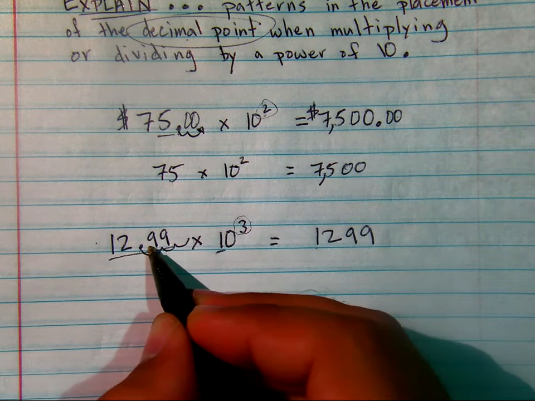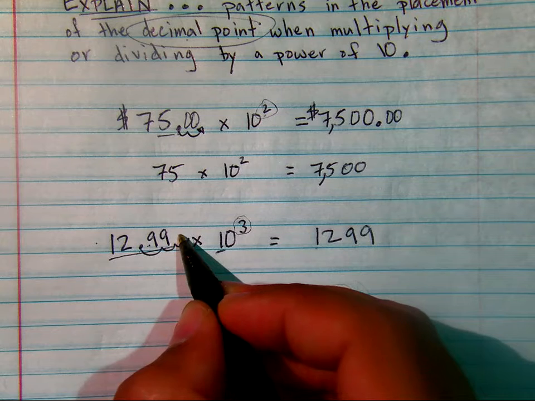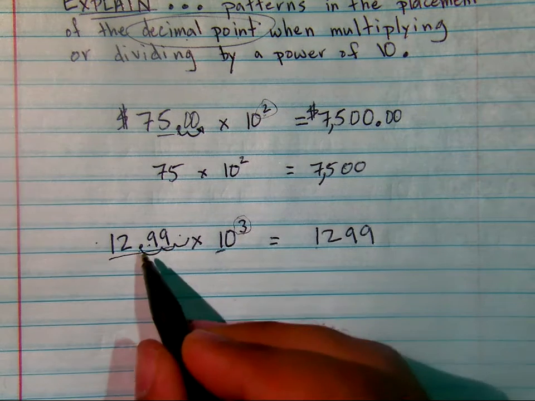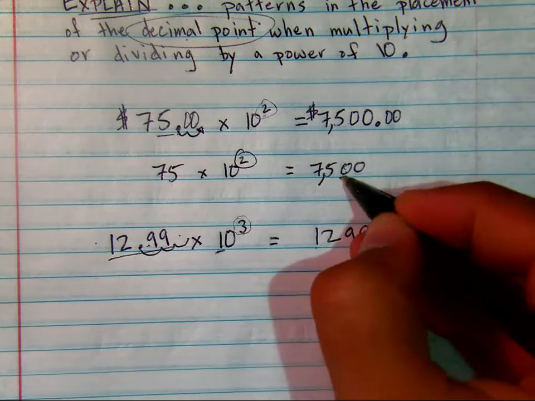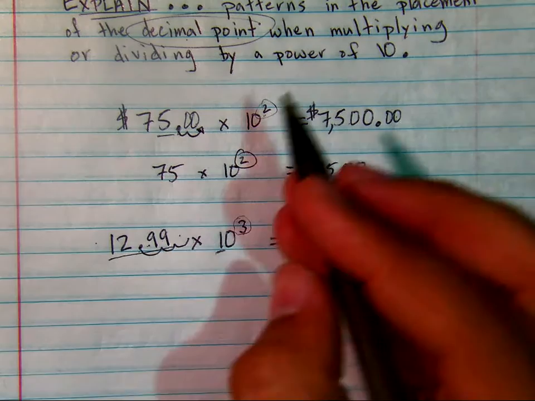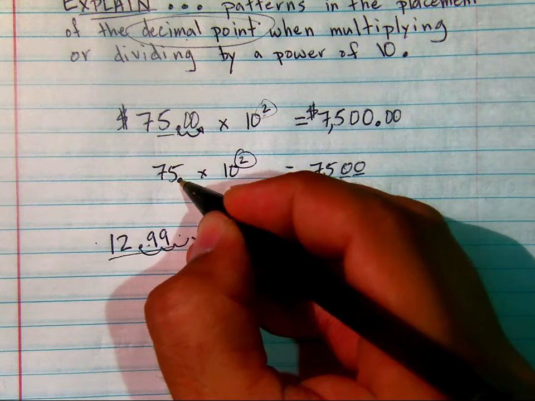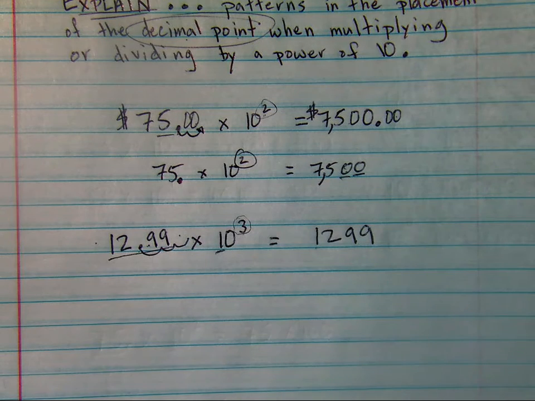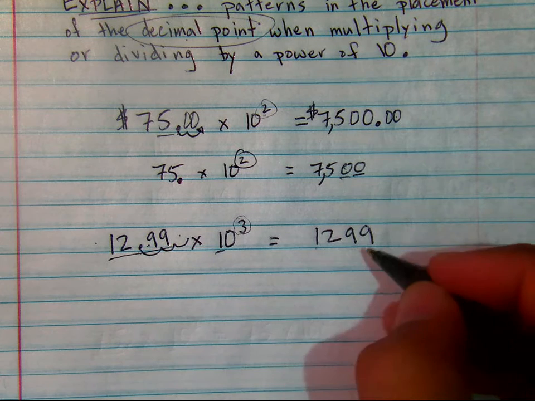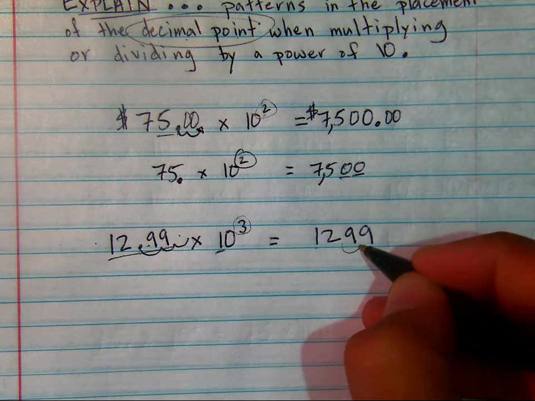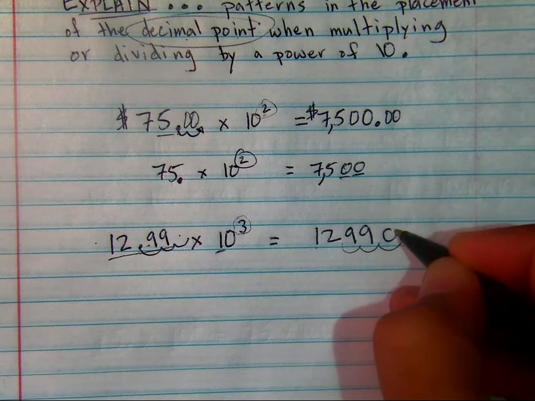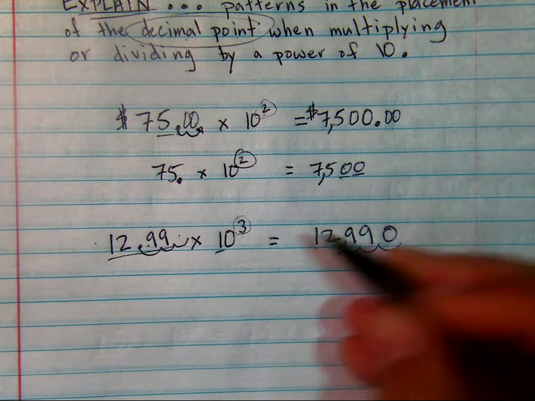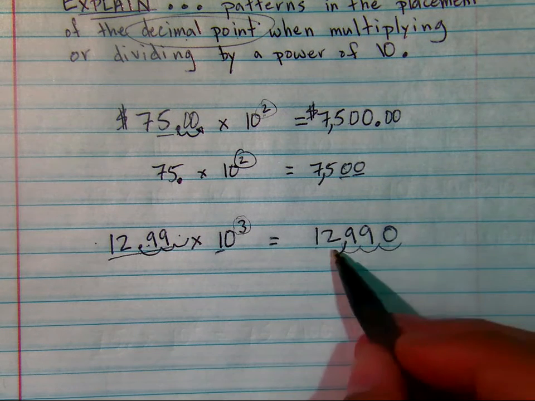And where we would have put 3 zeros, we now recognize that we only created that pattern because the decimal was actually moving. We just never saw the decimal. So now we know that that is actually moving the decimal 3 spots here. And our answer, 12.99 times 10 to the power of 3, is 12,990.